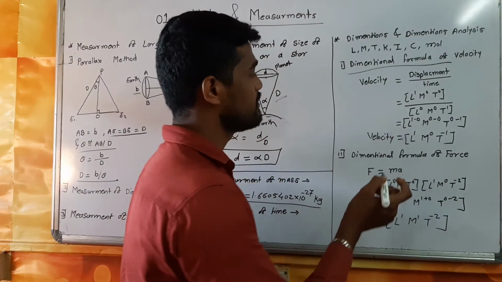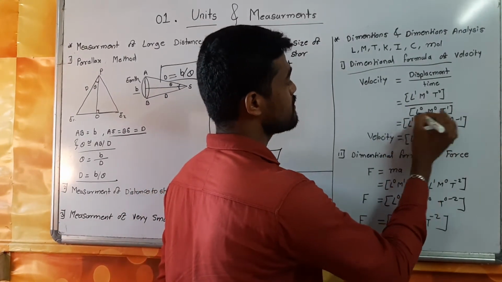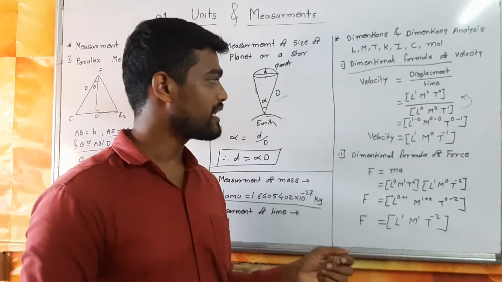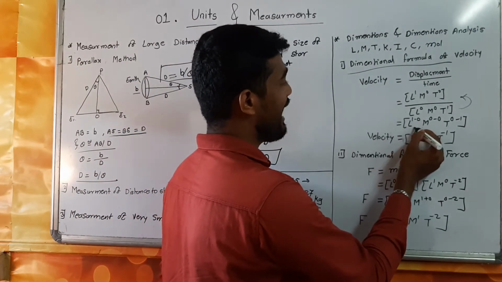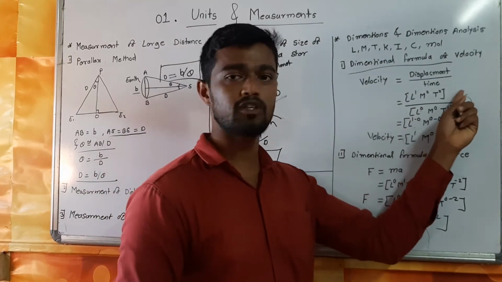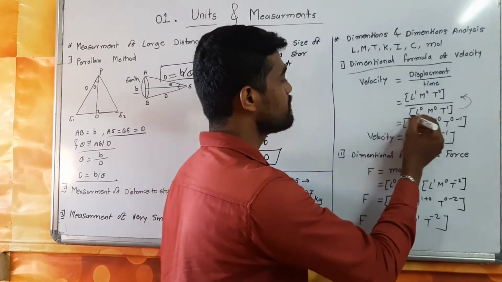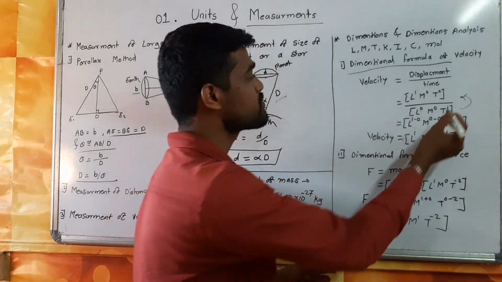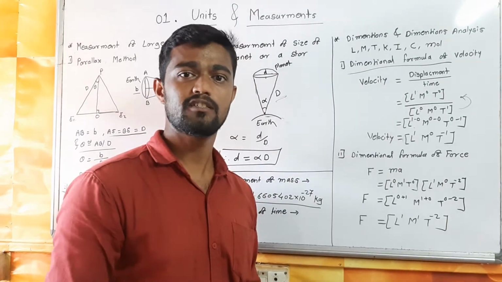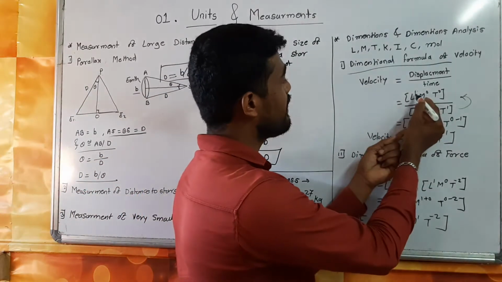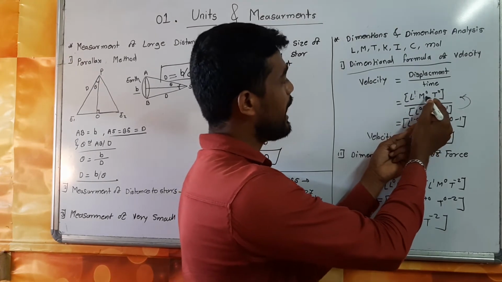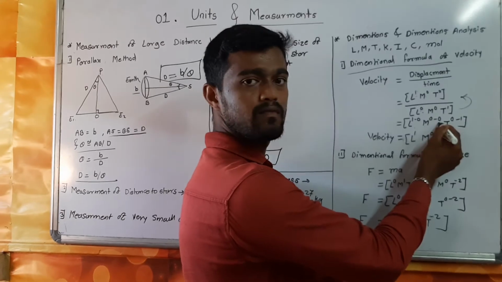Now just take this square bracket to the numerator. What do you get? L^1 minus 0. Why is it minus? Because the whole square bracket comes to the numerator, so the power is minus 1. So you get L to the power 1 minus 0, which is 1. M is 0 minus 0, so the power of m is 0.